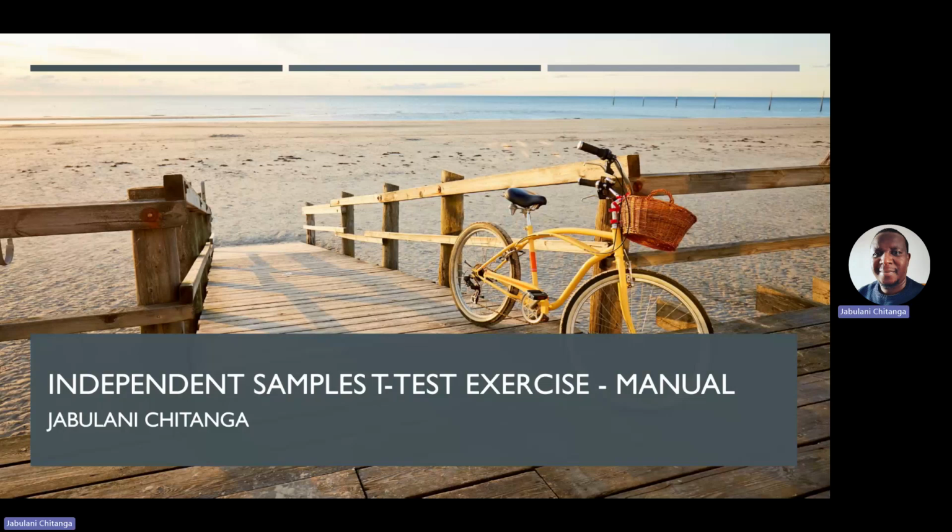Some may ask, why are we focusing on the manual calculations instead of being in line with technological advancements? I am aware of that, but I think it is important that students also have knowledge of doing the calculation so that they see what happens with the equations and the formulas that come with the statistical test.